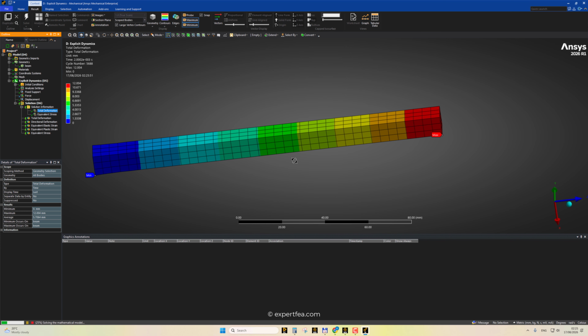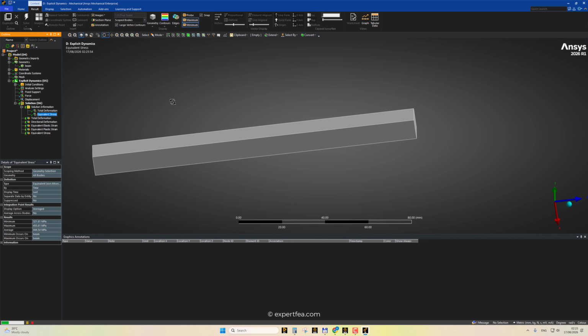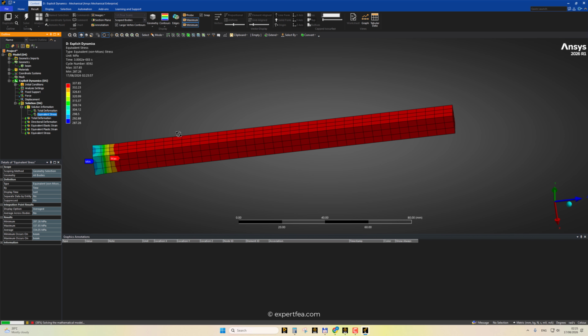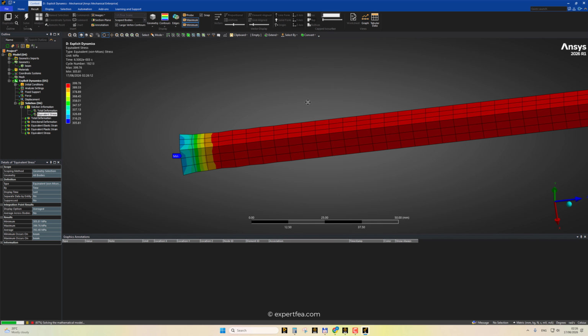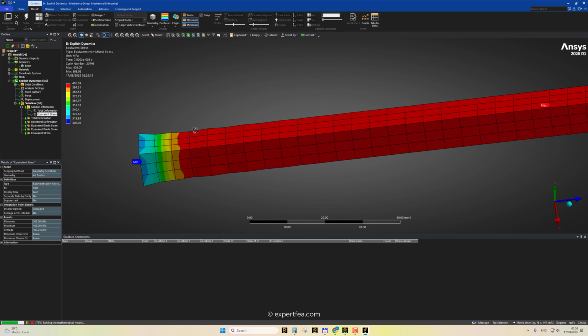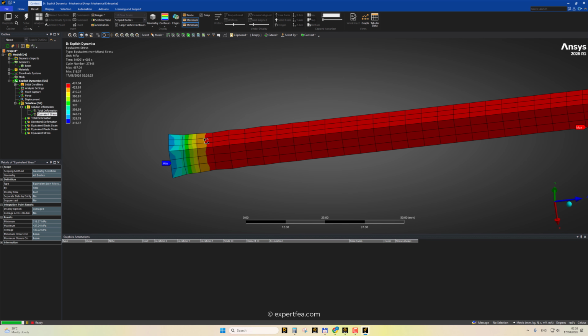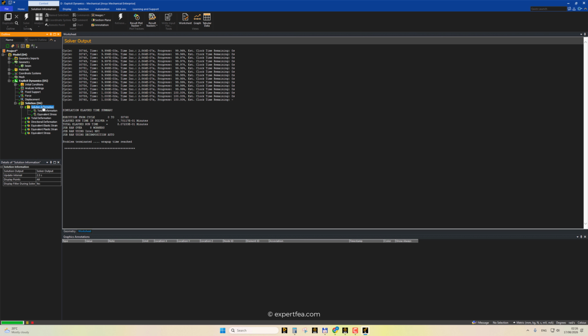We see the extension, we see the stress as it increases, and you can see here there was a maximum there, yes? Let's save.